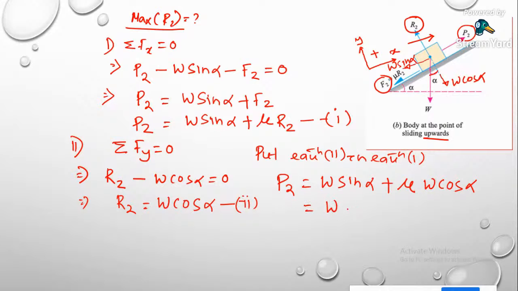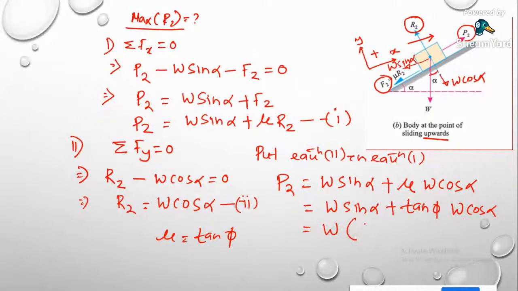This is W sin alpha plus mu, and I can write mu will be equal to tan phi, where phi is the angle of friction. So I can write this as tan phi into W cos alpha. So I can take W common. So this is sin alpha plus, tan phi is what? Sin phi by cos phi. So this is tan phi into cos alpha.